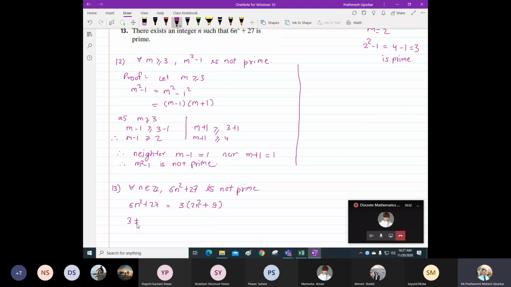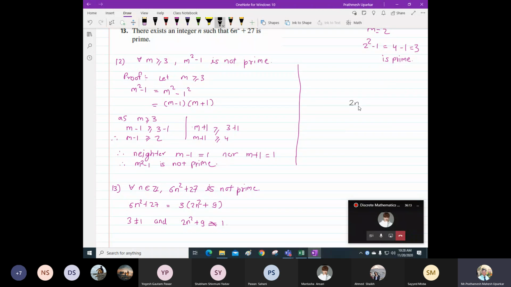3 is not equal to 1, and if I assume that the other factor is also equal to 1, what will happen? Let us see. Let me use pencil here.